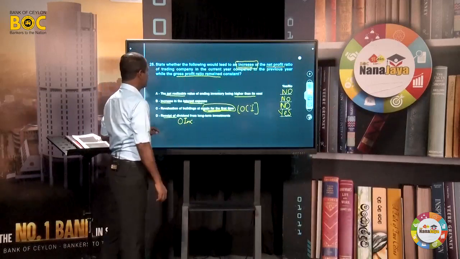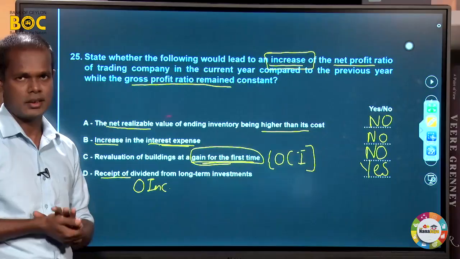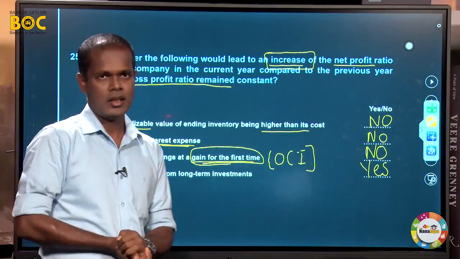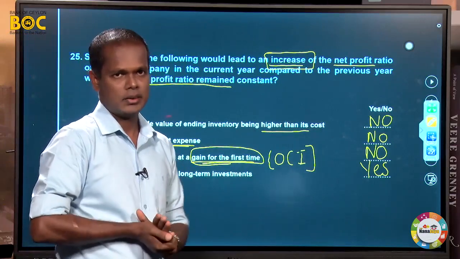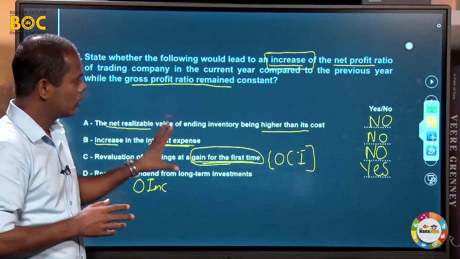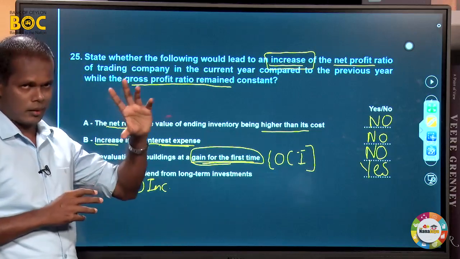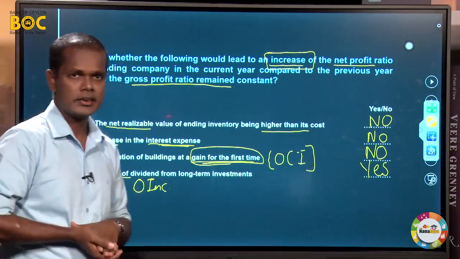The ratios are classified into five groups. Liquidity ratios: current ratio and quick assets ratio.